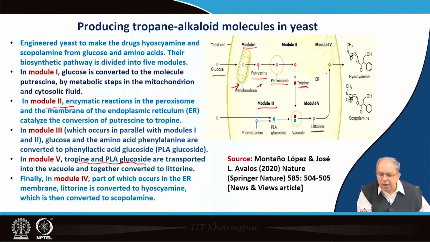And finally, module 4, which occurs in the endoplasmic reticulum membrane, converts litorine into hyoscyamine and then subsequently to scopolamine. This is the way they describe module 1, module 2, module 3, module 5 and then module 4.